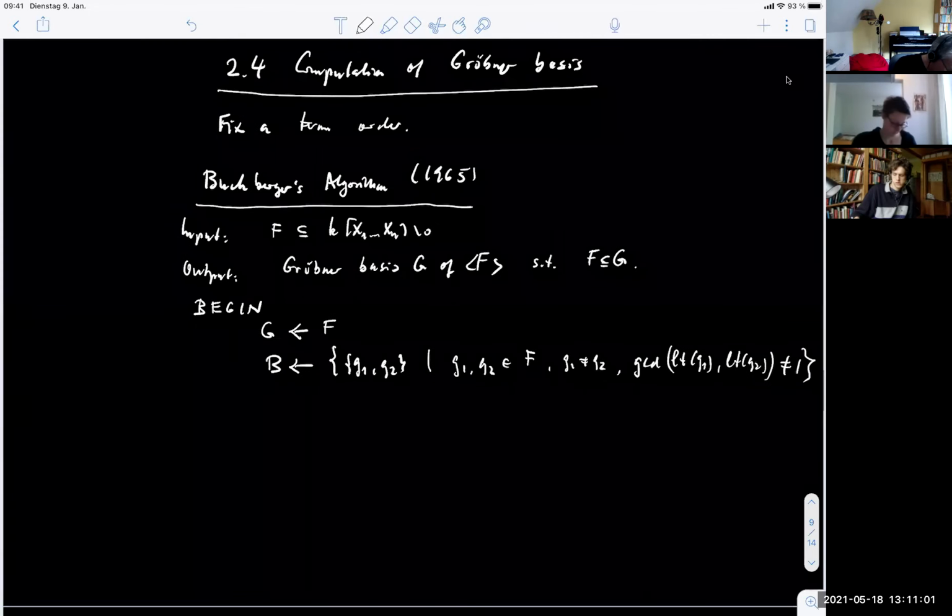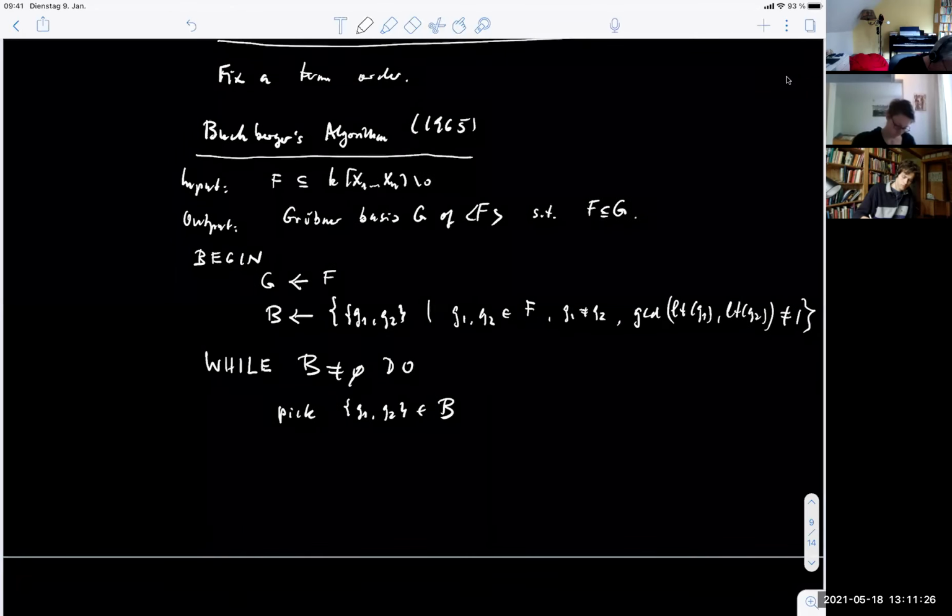Now I have a while loop. While this set B is not empty, we do the following. We pick in any way, you choose your way, it's not important now, I pick a pair in the set. I remove it, and B will be the B without this pair. I have to write it this way.